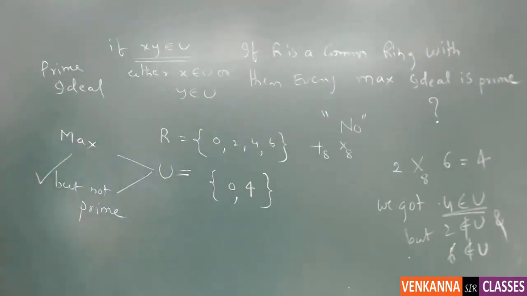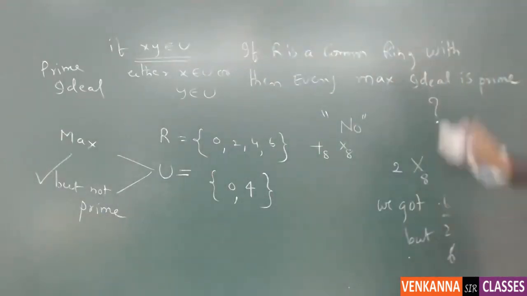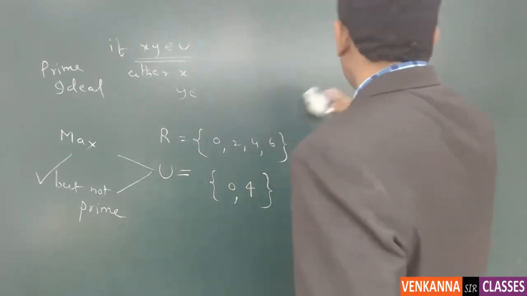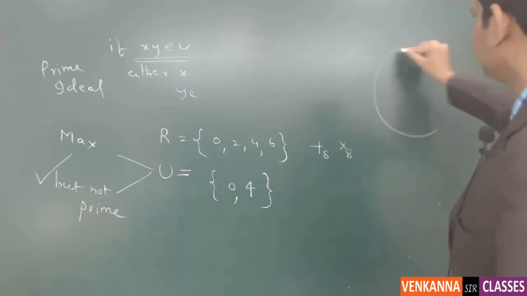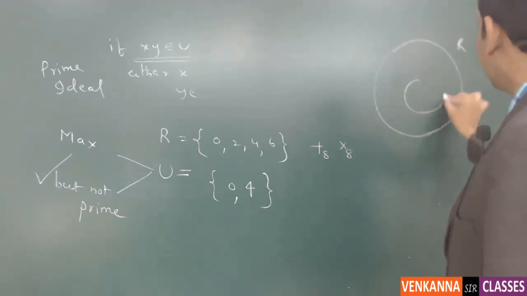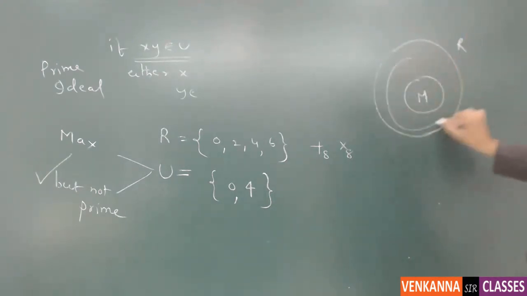Now the question is, is it maximal? That we need to verify. It is also a very simple proof. If we apply the definition of maximal ideal, so let me say, if we consider the ring R, this is M you have taken, and say another ideal I here.